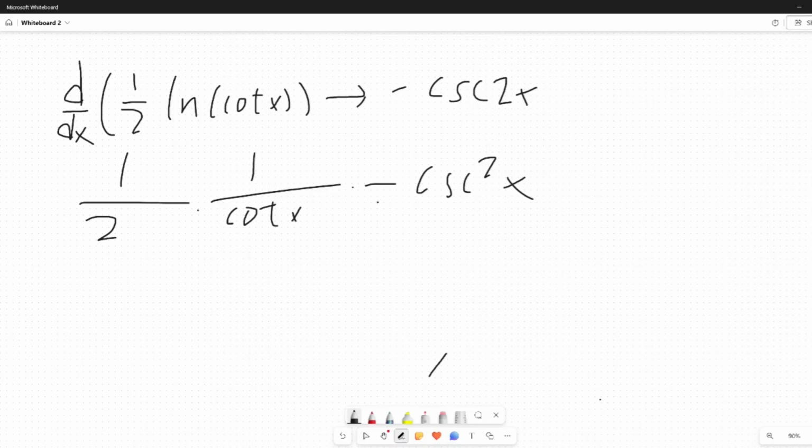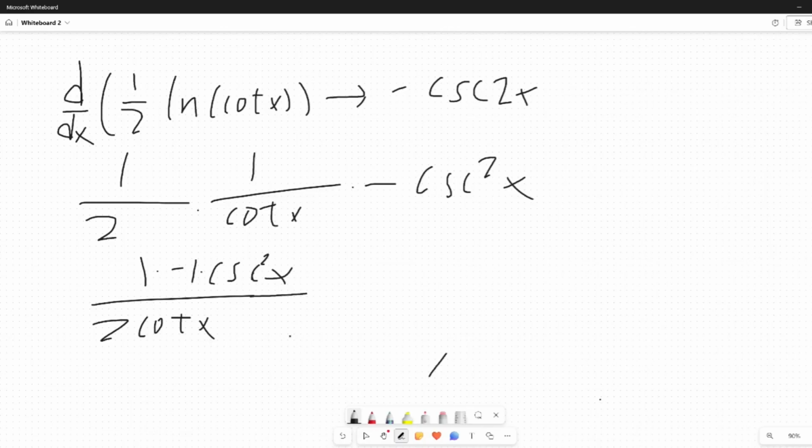Now we can simplify this to 1 over 2 cotangent of x, and the 1 can be multiplied with the negative 1 and the cosecant squared of x. Since cosecant squared of x is 1 over sine squared x, and cotangent x is cosine x over sine x, they can actually cancel out with each other.